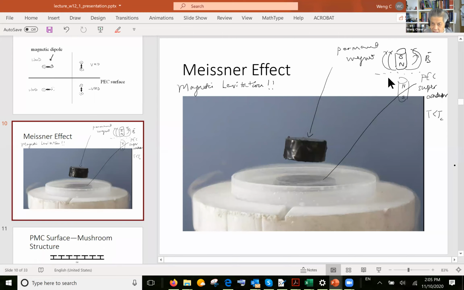I don't know the detail. I presume that this is an unstable configuration. Just imagine if you take two magnets and try to balance them on top of each other. It's not easy. Yeah, it's not easy, but as I saw in the lab, they just placed that top magnet atop the superconductor and it levitates. And this is mechanically stable levitation.